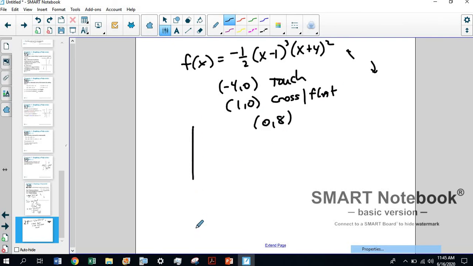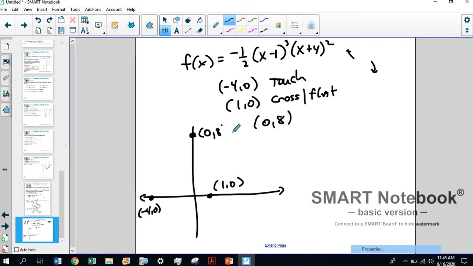So what would that look like? Here's our negative 4, 0 over here. Here's our positive 1, 0 right there. Here's our y-intercept, 0, 8.